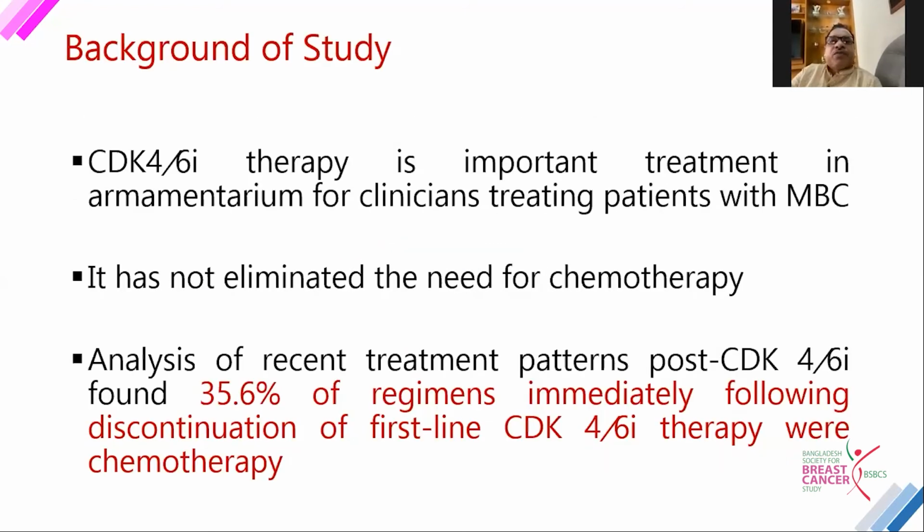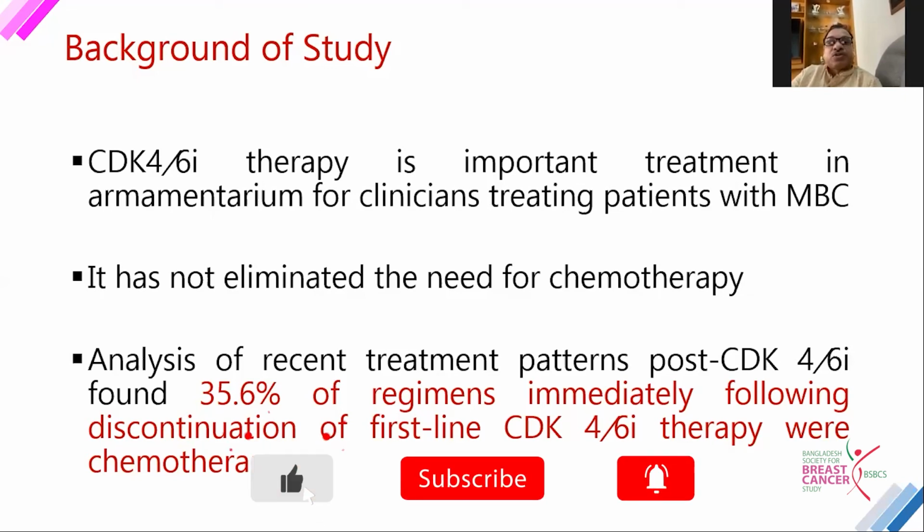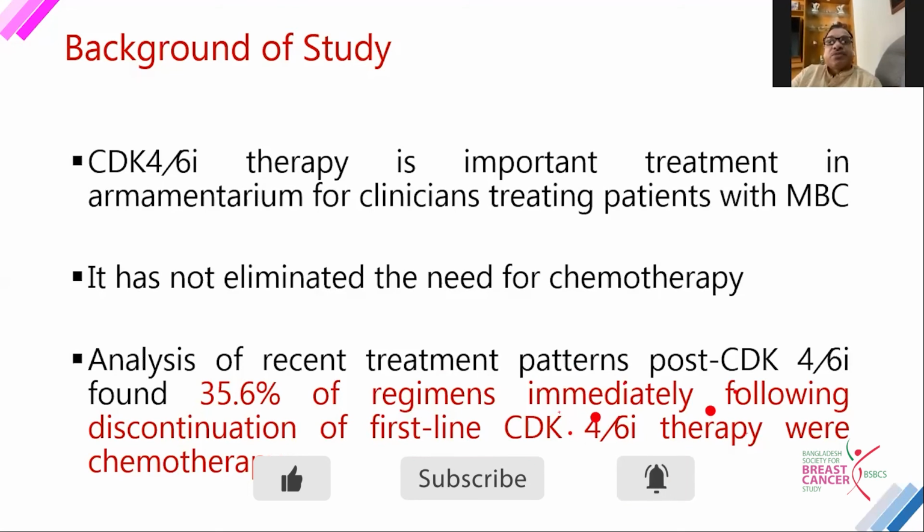CDK4/6 inhibitor is a treatment used in breast cancers. It has not eliminated the need for chemotherapy, but analysis of recent treatment patterns post CDK4/6 inhibitor found that 35.6% of regimens immediately following discontinuation of the first line CDK4/6 inhibitor therapy were chemotherapy.